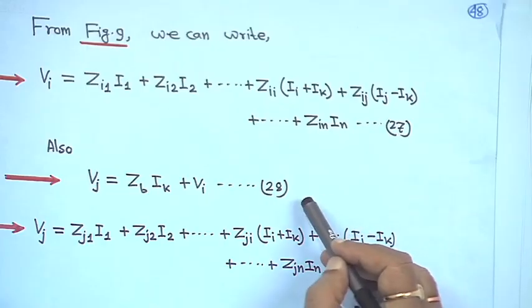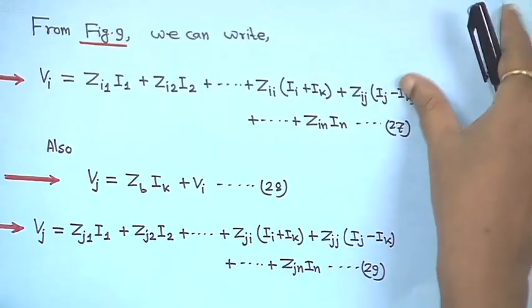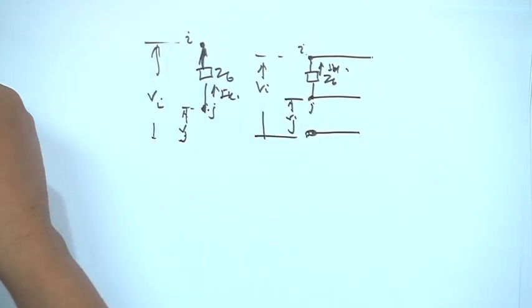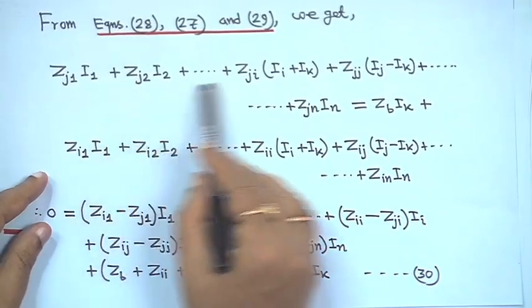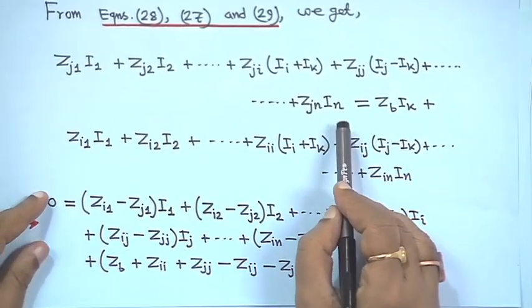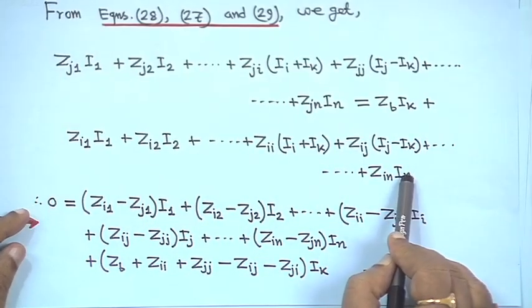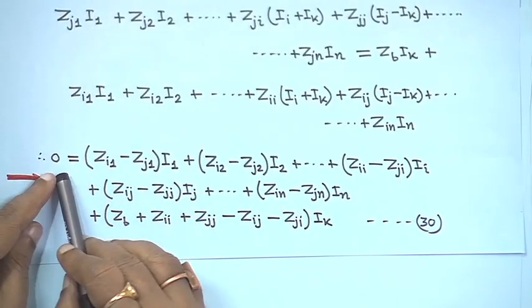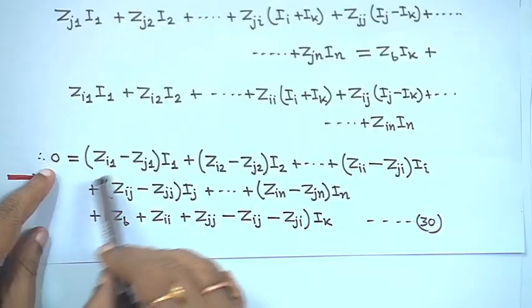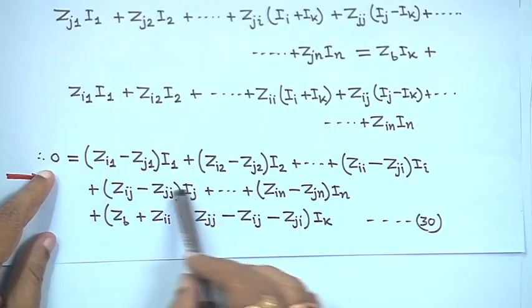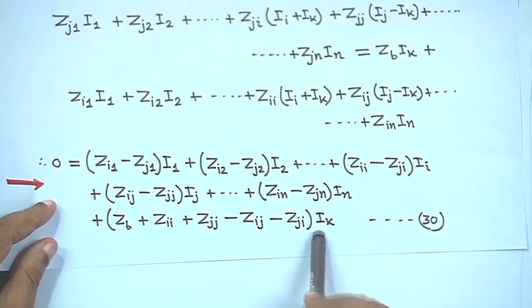So, from equations 28, 27 and 29, Vj is equal to Zb Ik plus Vi, the whole expression. Then 0 is equal to, bring everything together to one side, then you simplify, and this equation will come like that.